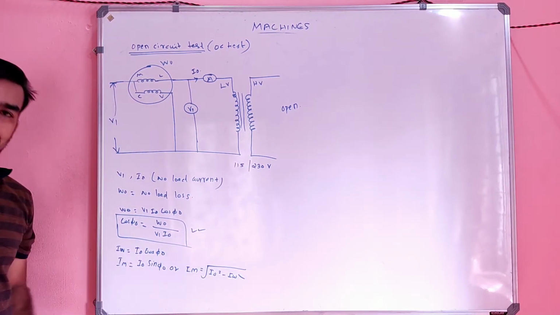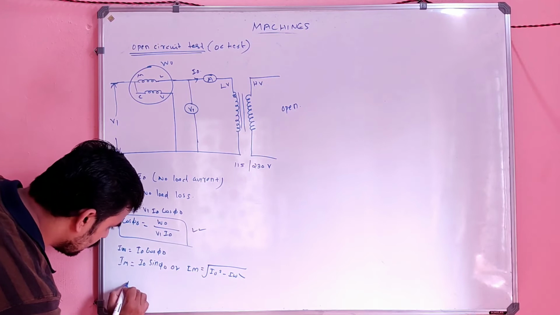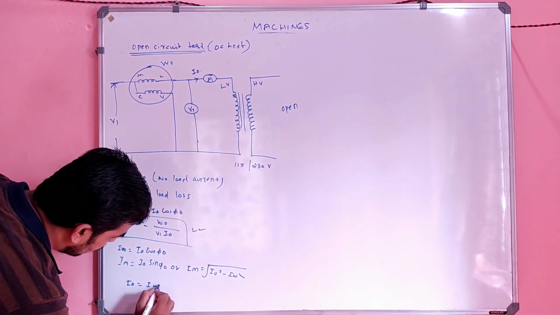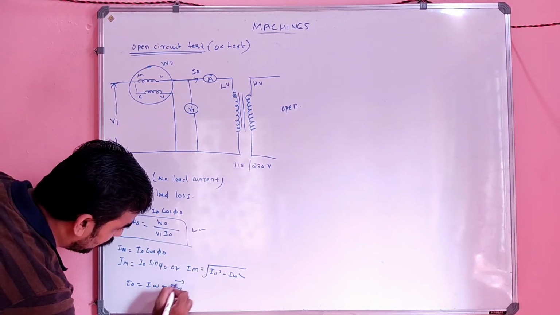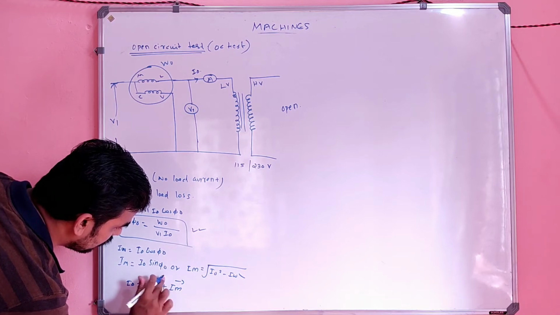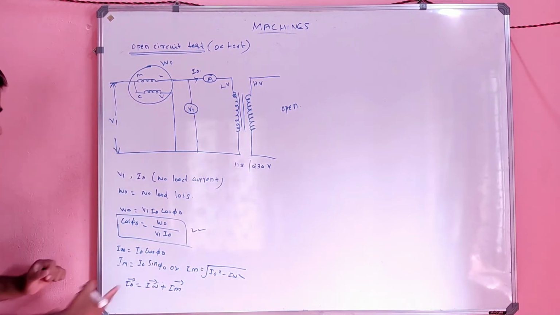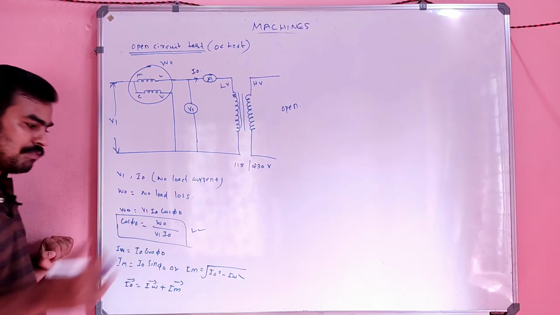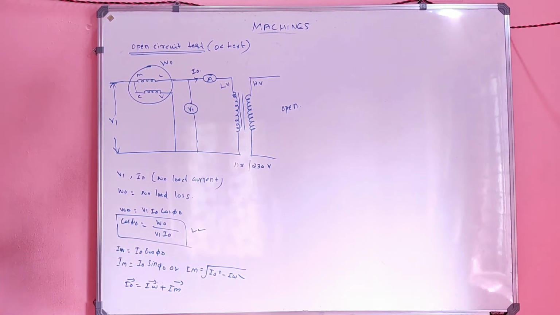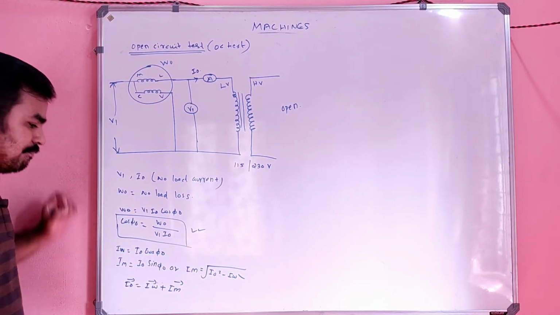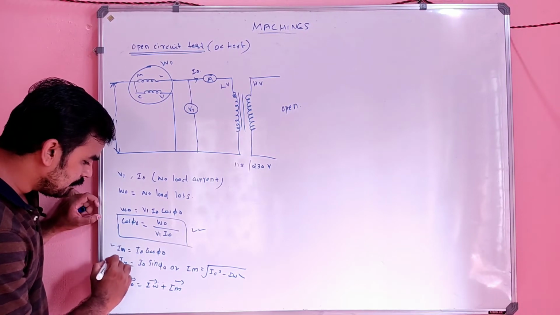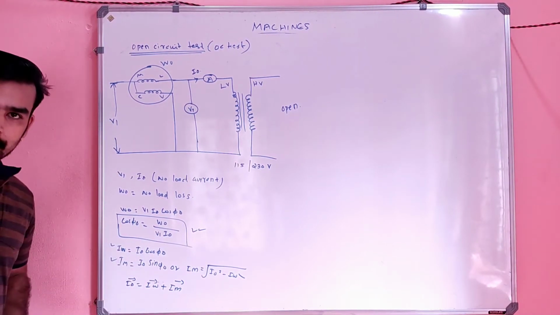Simple, you can do that also, because I0 is nothing but IW plus IM vectorially. These are all phasors. So now you have the value of IM and IW.